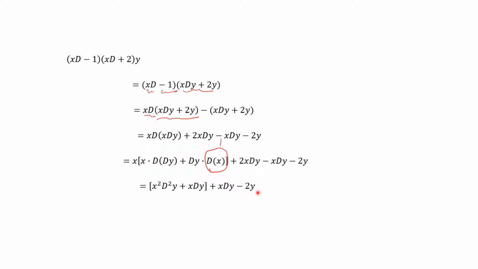Next, you can combine the x dy and the x dy there. We have 2x dy minus 2y. And you can rewrite this already in terms of the derivative form, that is x squared second derivative of y with respect to x plus 2x first derivative of y with respect to x minus 2y.